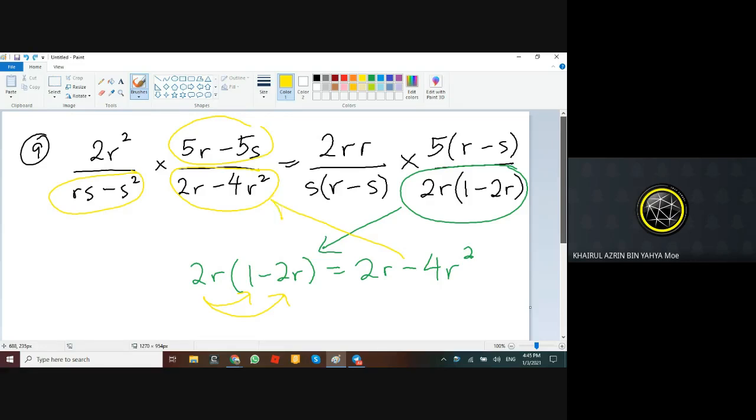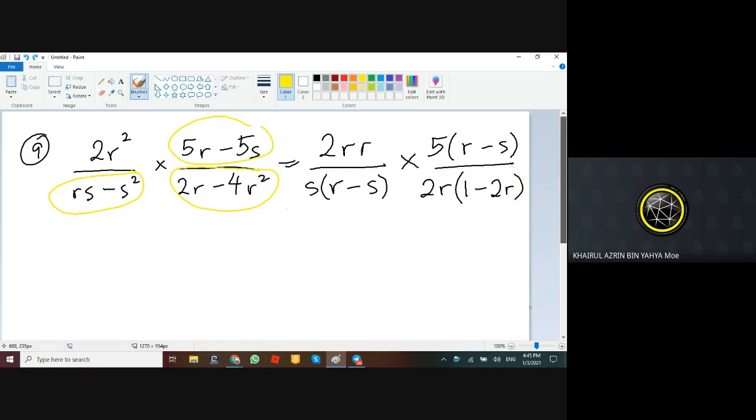Okay, let me erase everything here. Now we can eliminate these 2 and 2, and r and r here. What else? Here, r minus s and r minus s we can also eliminate.